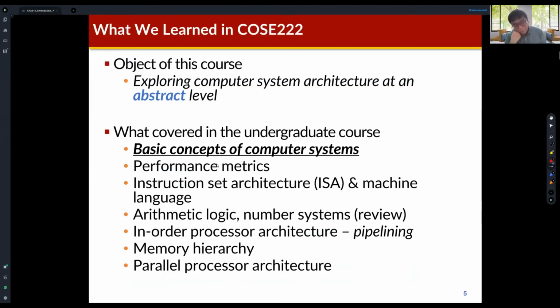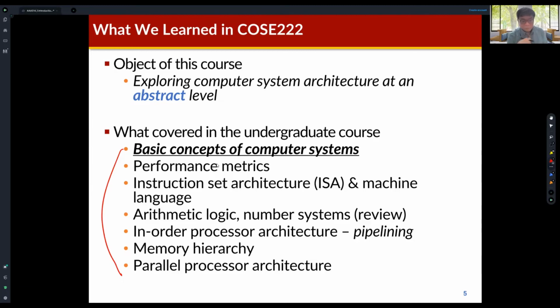So what is covered? I just copied my syllabus for the computer architecture course for undergraduate students. In the undergraduate course, we covered these topics.